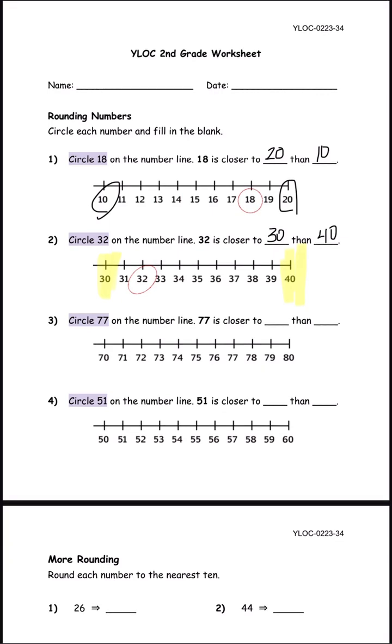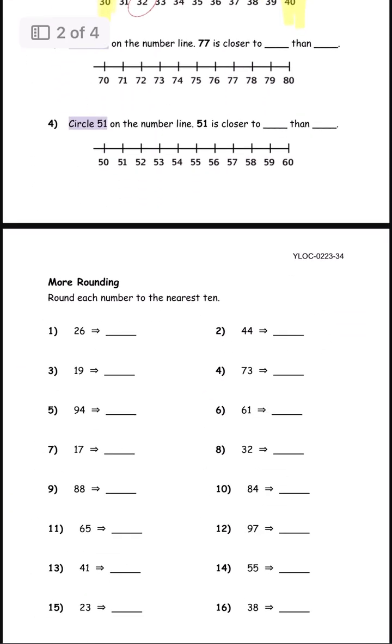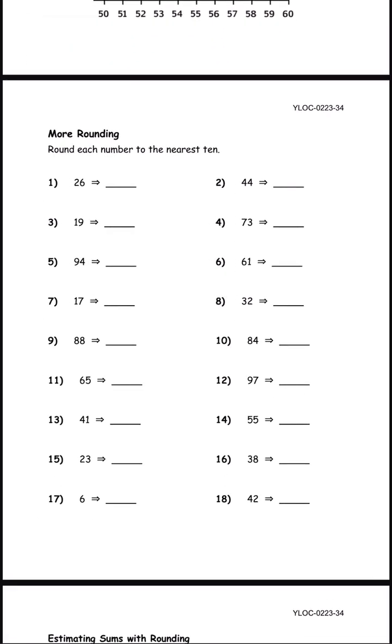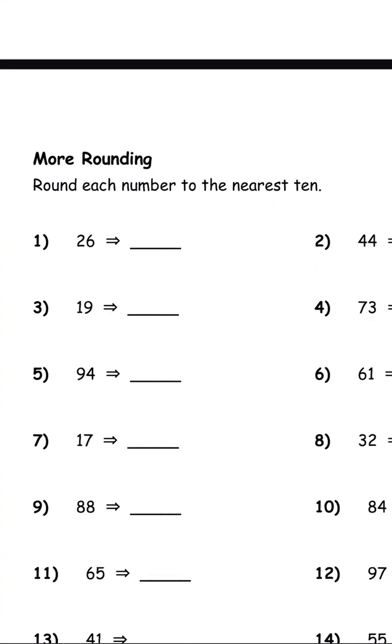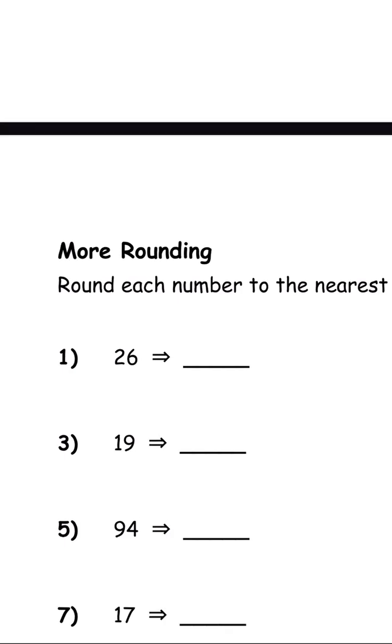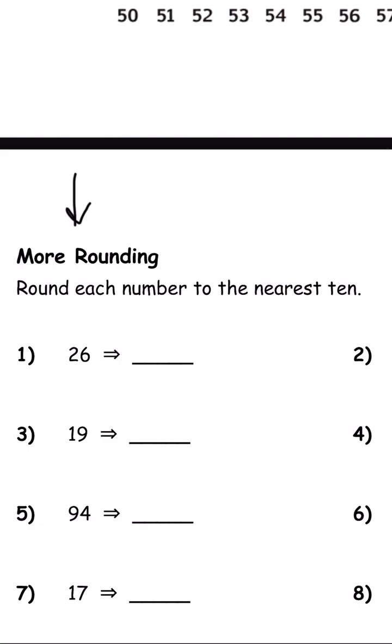Okay. And then we do the same thing for number 3 and 4, and let's move on to more rounding. So round each number to the nearest 10. Here, let's see. When we round, we have to know that we're going to round down if the number ends with 1, 2, 3, or 4.